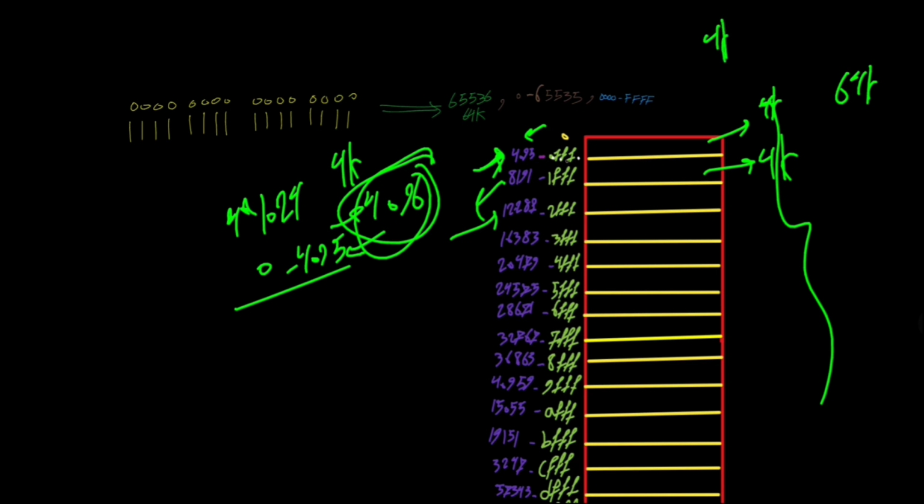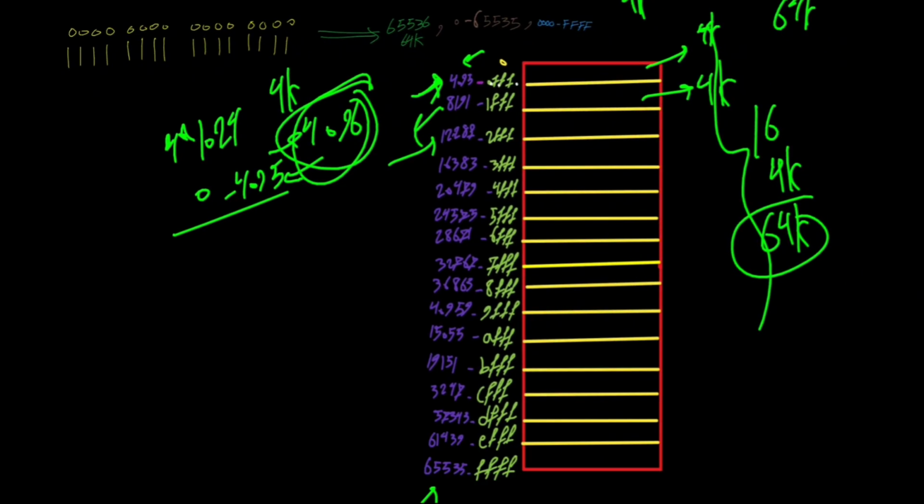Then from 0FFF to 1FFF would be the second 4 kilobytes. And from 1FFF to 2FFF would be the third 4 kilobytes. And we would have 16 ranges of 4 kilobytes forming our 64 kilobytes of address space, or all the memory that the 8085 microprocessor could address.